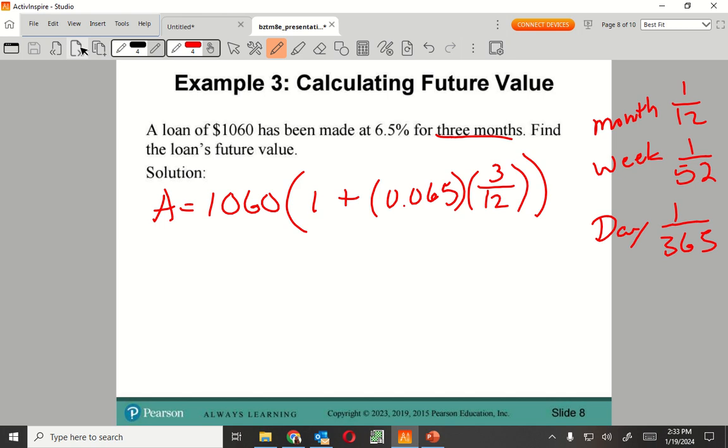Now you can plug that into your NumWorks as is, with the parentheses and everything. It automatically does it for you. You just have to start it with the parentheses, otherwise it tries to mess it up.